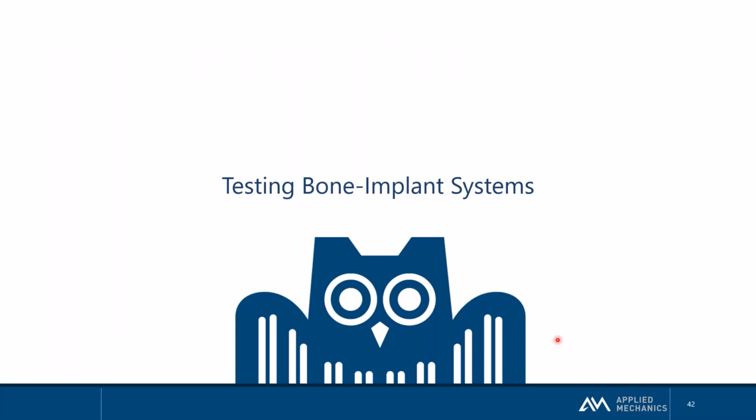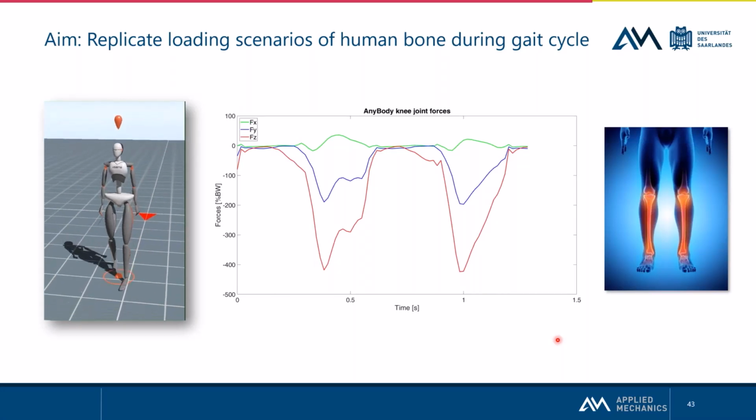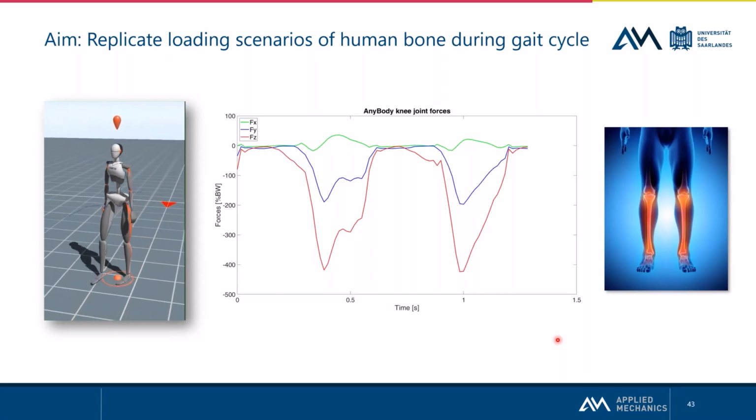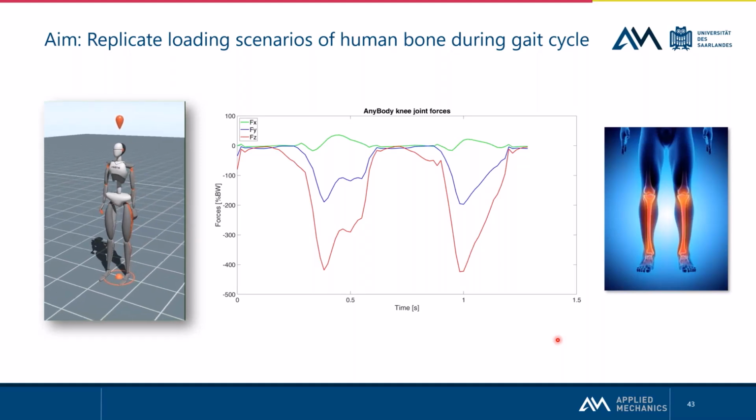The next testing device is to test the bone implant systems. When we create our fractures in the first attempt, we then put an implant in and test it in our second device.